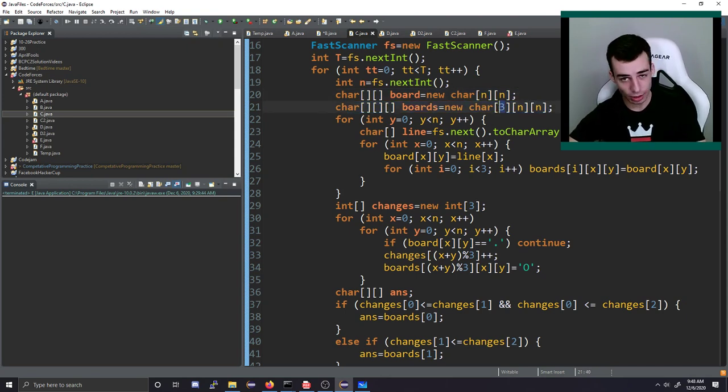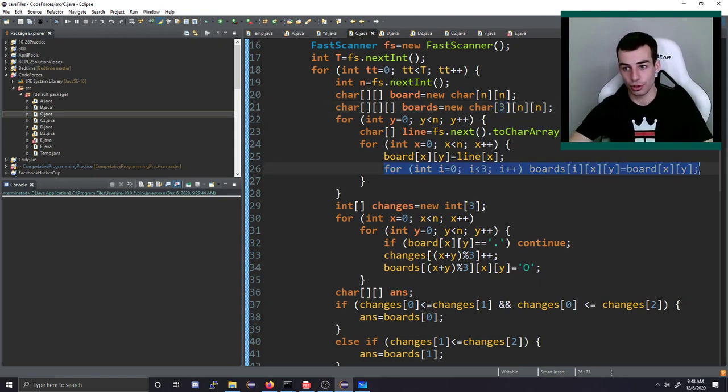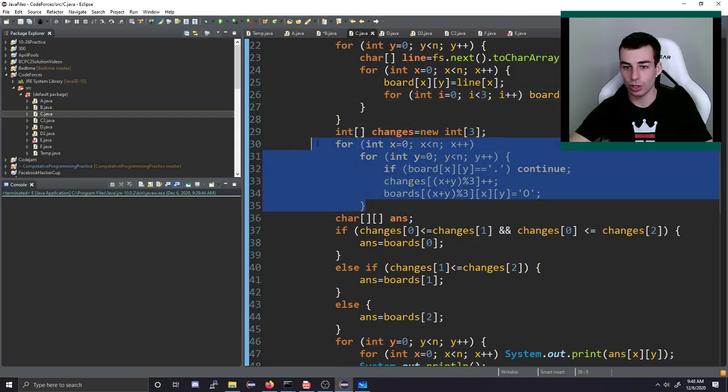The first board is what the board will look like if I change all of the X's on X plus Y equals 0 mod 3. So this is if I change the things on X plus Y equals this index mod 3. So either X plus Y mod 3 is 0, 1, or 2. On one of those I won't allow any X's.